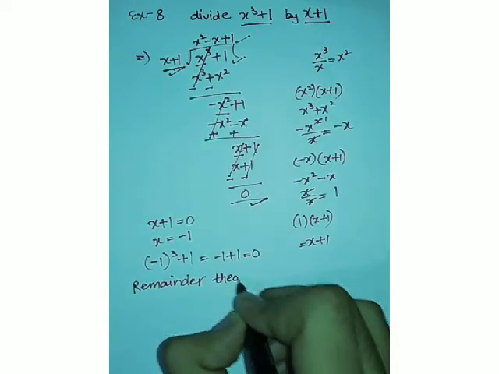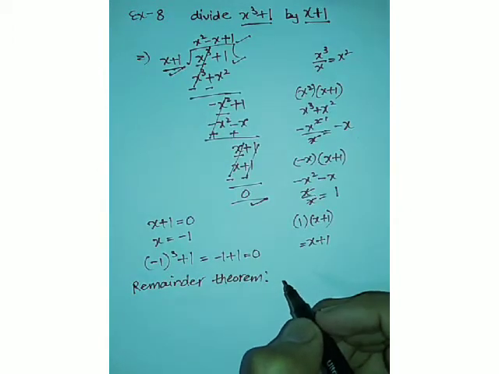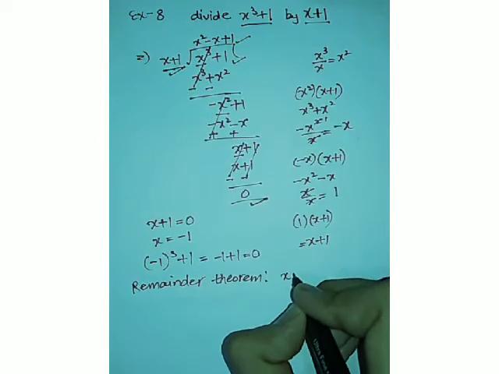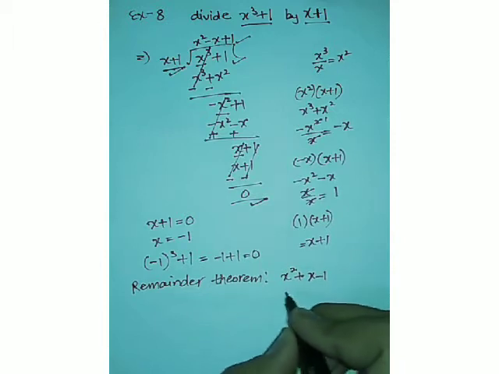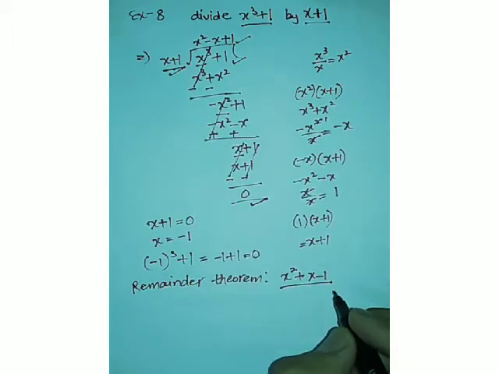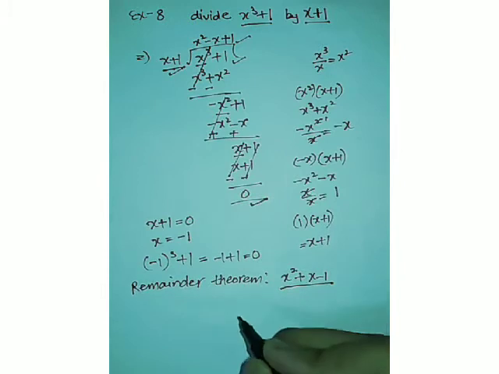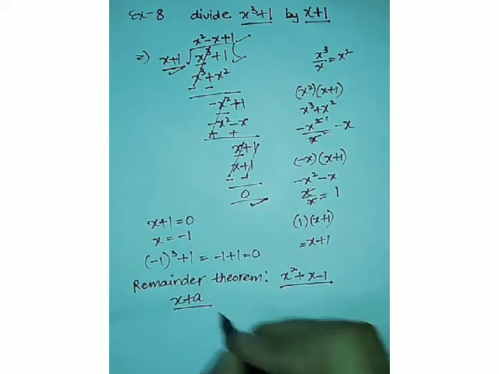Now what is remainder theorem? It states that if a polynomial of degree greater than or equal to 1, it means a polynomial like x square plus x minus 1, which is a polynomial of degree 2, is divided by any other linear polynomial, a linear polynomial means it must look like x plus a, where a is any real number.